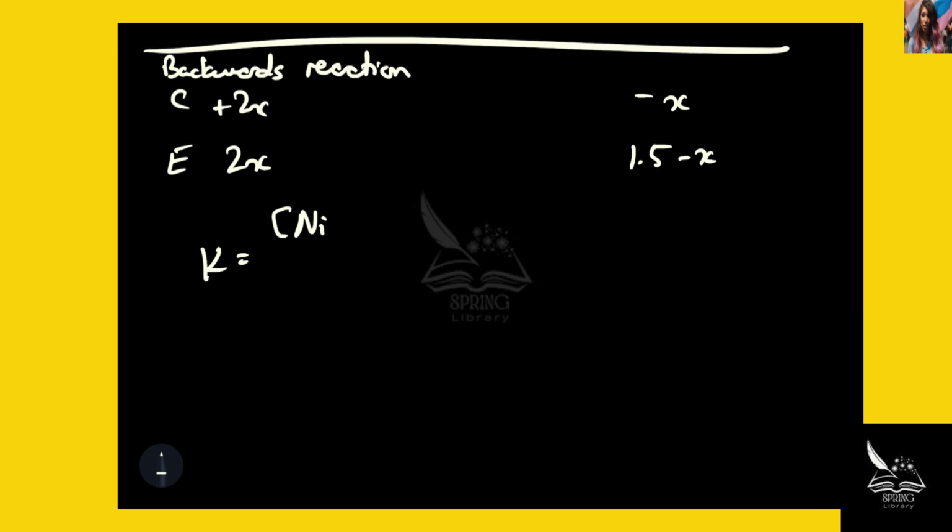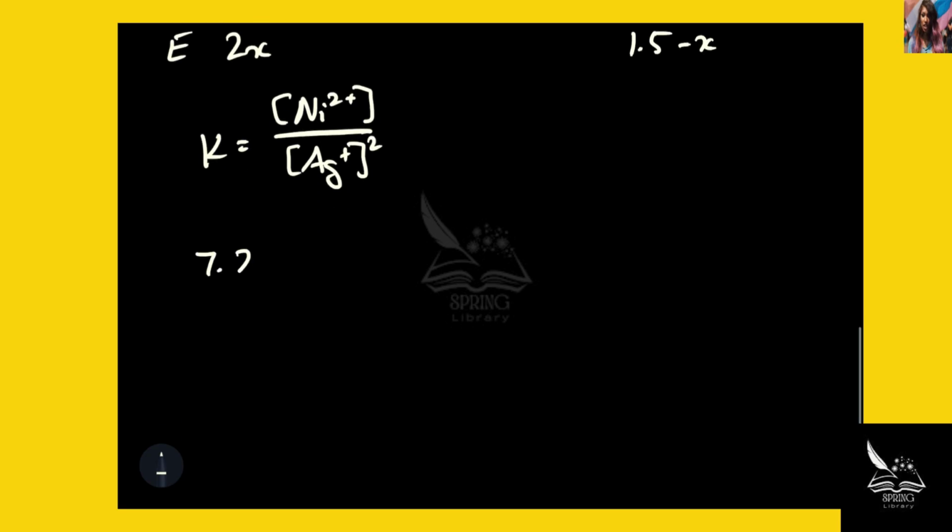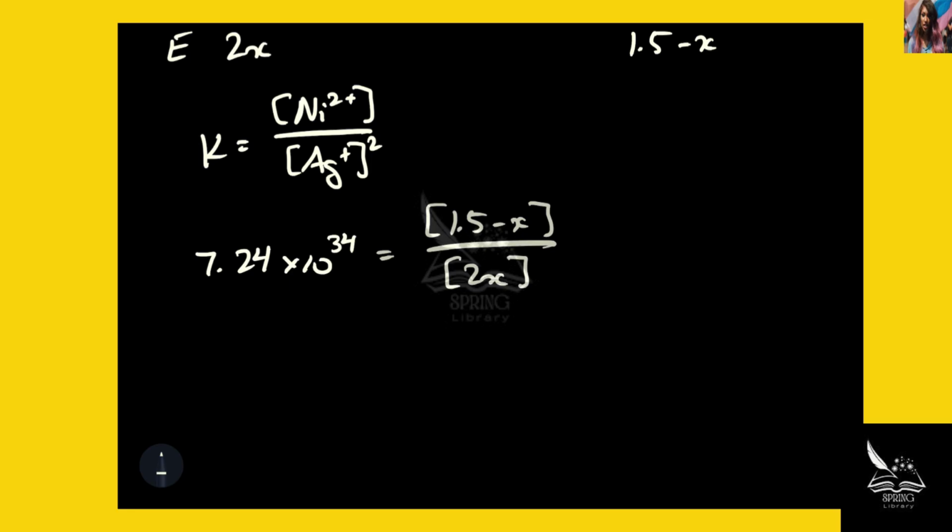The equilibrium constant here is equal to the concentration of Ni2+ over the concentration of Ag+ squared. We did solve for the equilibrium constant, which is 7.24 times 10 to the positive 34. That's equal to 1.5 minus x over 2x squared.